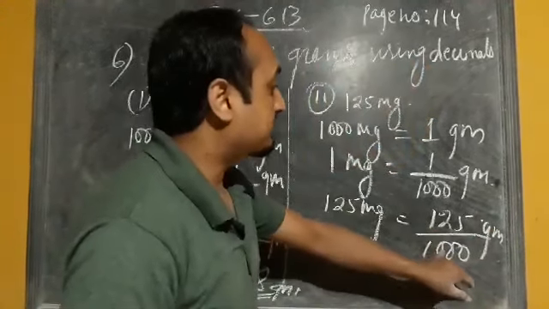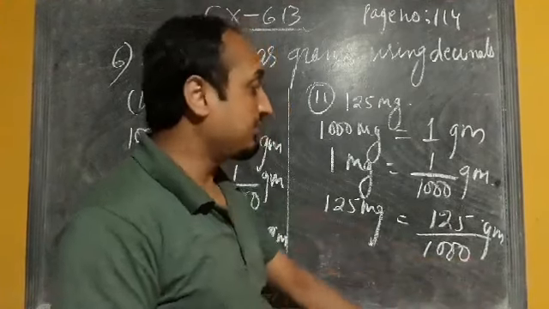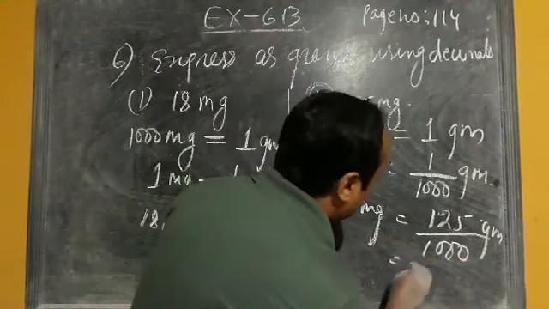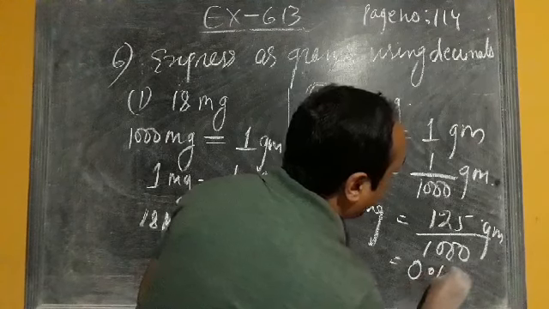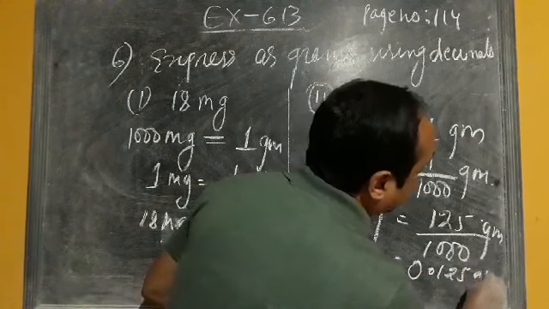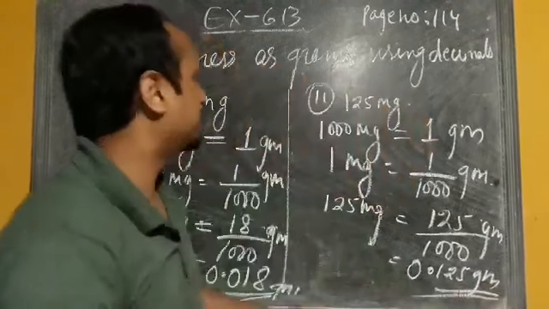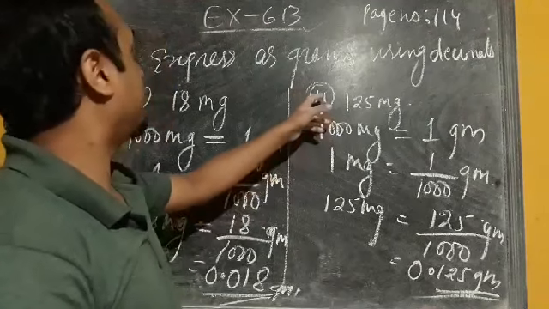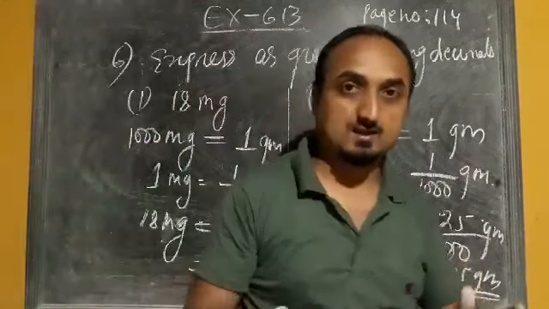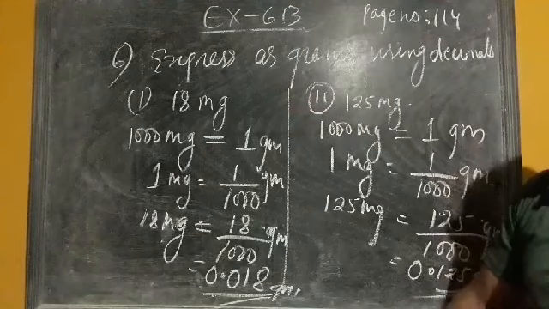Now since we have three zeros in the denominator, after the decimal we have three numbers, so 0.125 gram. So this is the answer for the second part of question number 6. Now I will solve question number 7.